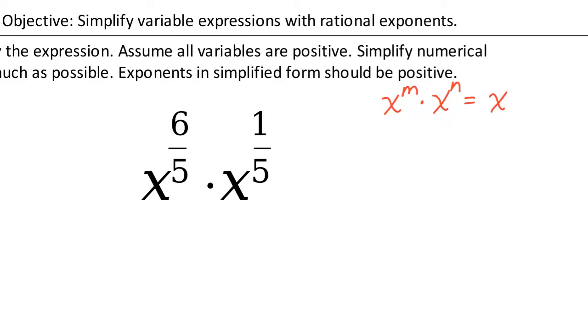Yes. We add m plus n, right? So I would then do x to the 6 over 5 plus 1 over 5. And then what's 6 plus 1? 7. So I got 7 over 5. And I can't simplify 7 over 5. Those are both prime numbers. I know it's an improper fraction, but that's okay. That's going to be our final answer.